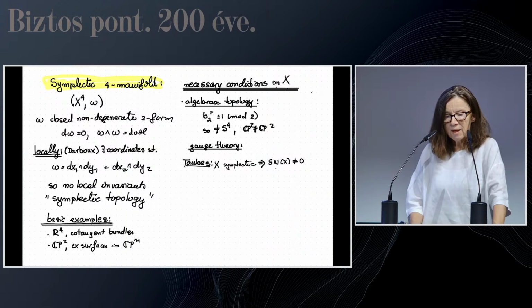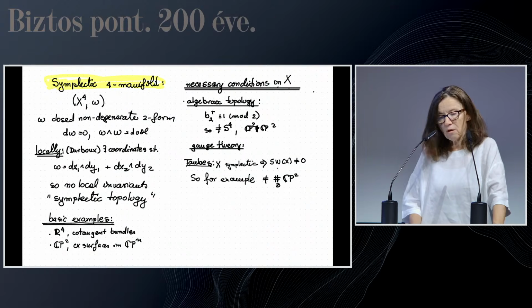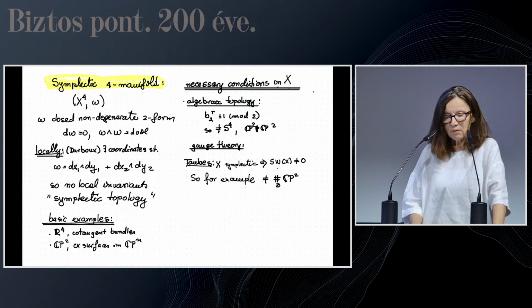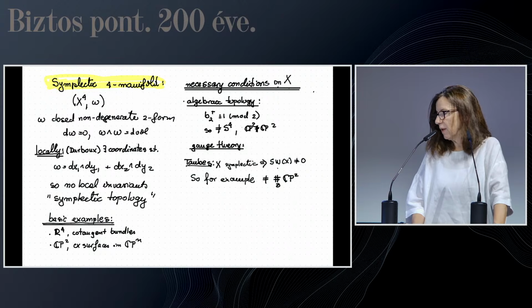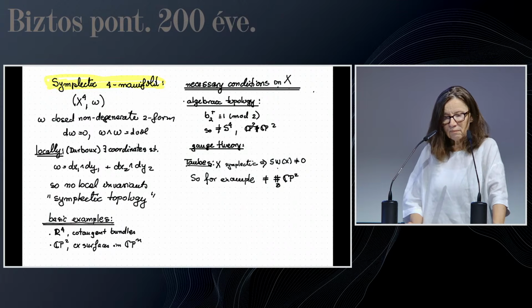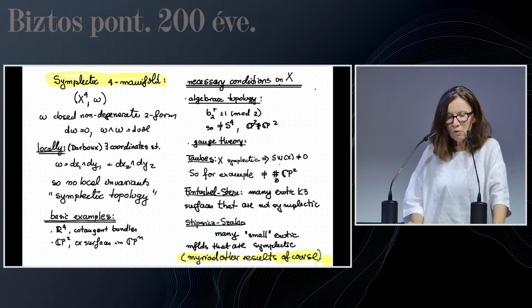In particular, Taubes proved that if X is symplectic, then the Seiberg-Witten invariants are non-zero. And so, for example, certain kinds of connect sums don't have symplectic structures. The simplest one I could think of is 3 connect sums with CP^2.